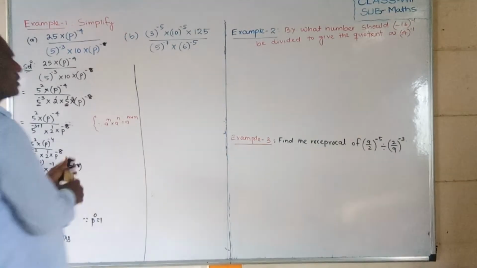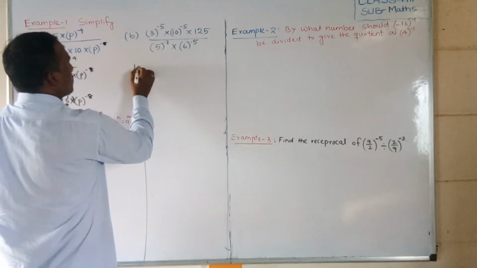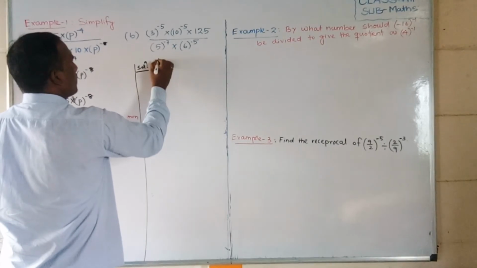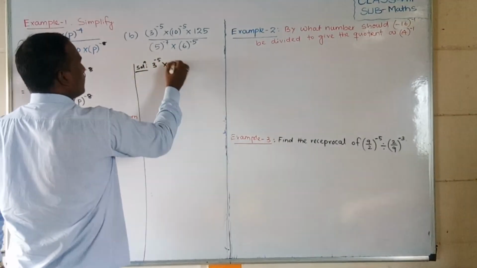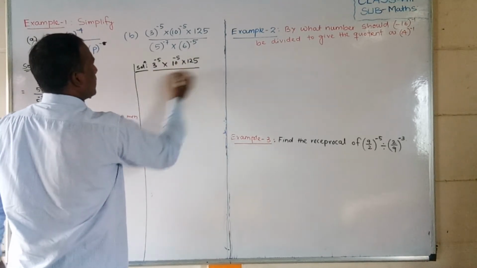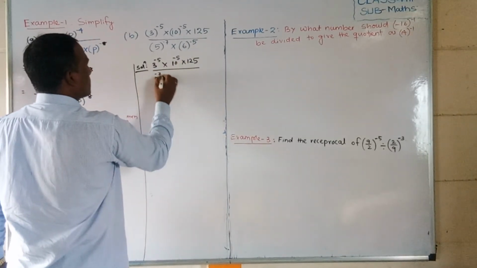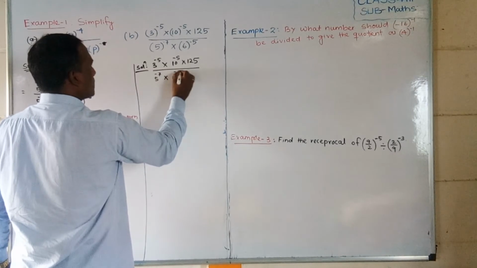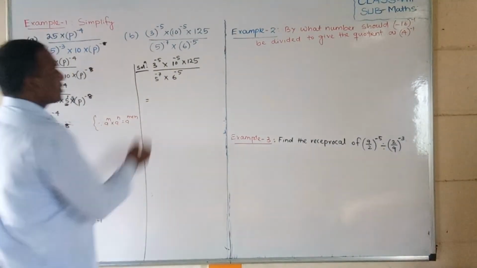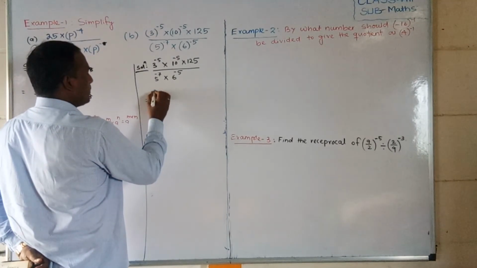Now students, go to the second solution. What is it? 3 to the power -5 into 10 to the power -5 into 125, whole divided by 5 to the power -7 into 6 to the power -5. First of all, make every number an exponent of a product. 3 to the power -5 is okay.